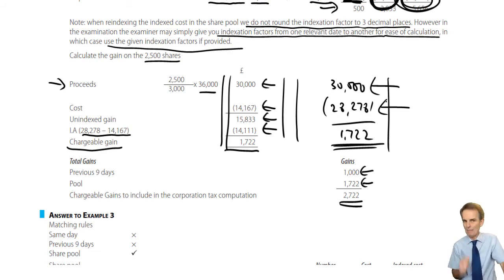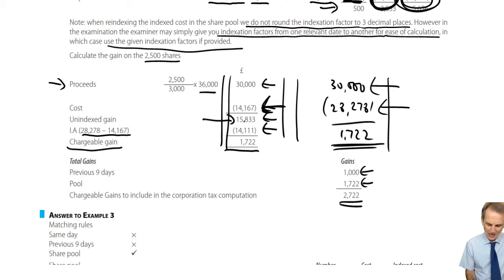But there only might be a loss, because remember, indexation allowance cannot serve to increase or create a loss. That is why we go here with the cost figure and deduct it in getting any unindexed gain. If the cost was actually bigger than the proceeds, then at that point, the figure there would be your allowable loss.